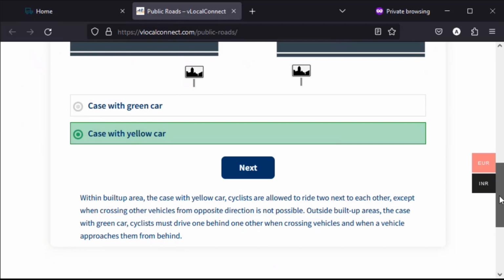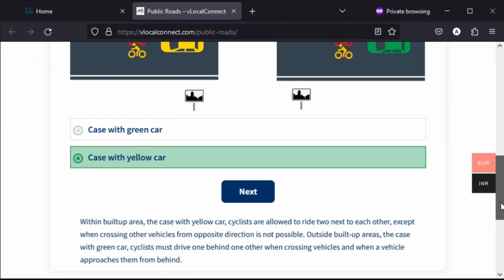When I click this, I get an explanation. Within a built-up area, the cyclists are allowed to ride next to each other, except when crossing vehicles from the opposite direction, which is not possible. And outside a built-up area, the case with the green car, cyclists must ride one behind each other when crossing vehicles and when a vehicle approaches from behind them, right?